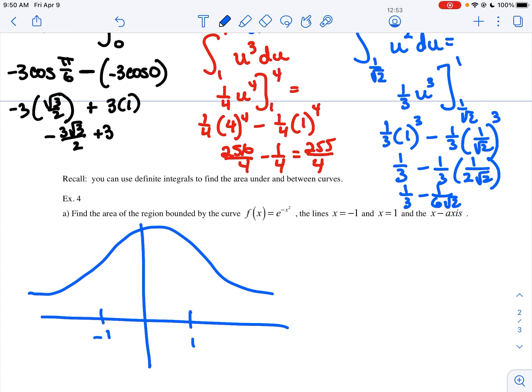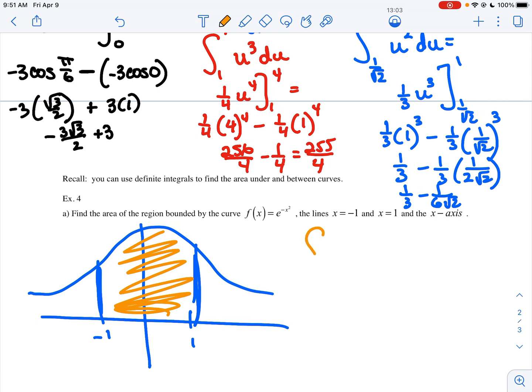And I think I had something like this. So I'm talking about the region bounded here. So you would use an integral from negative 1 to 1 of e to the negative x squared dx. All right, punch this one in your calculator and tell me what you get. I got 1.49.